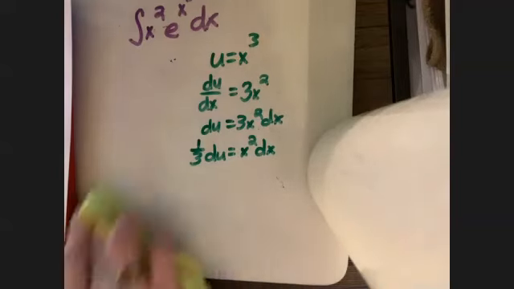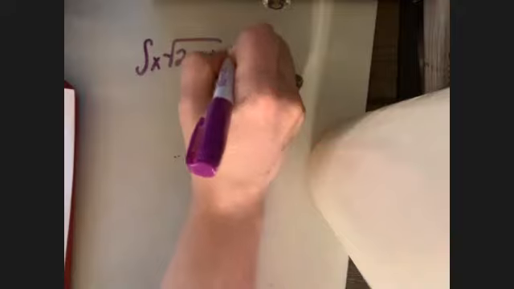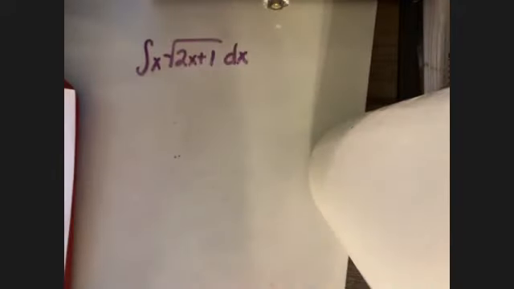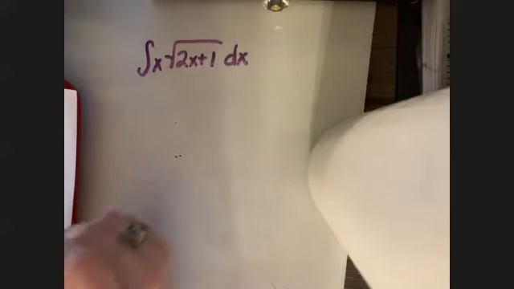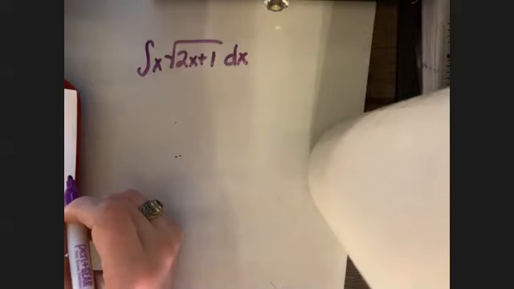Now, this next one is a little bit more challenging, just because of the way that it is set up. We've got the integral of x times the square root of 2x plus 1 dx.